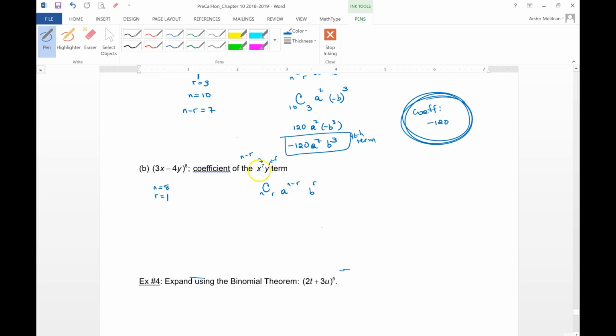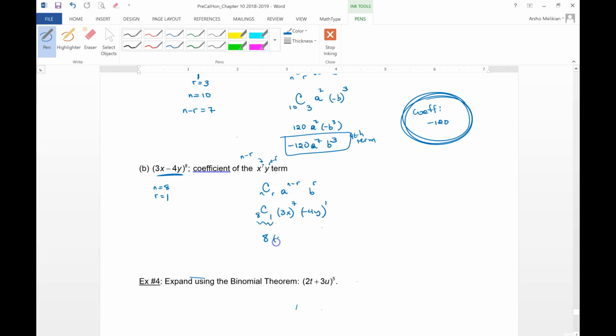Now you forget this, all right? You go with what you have in your original binomial. So this is going to be C 8, 1. The first term, 3x, to the power of n minus r. And then the second term, negative 4y, to the power of r, which is 1. I put this in my calculator, and that gives me an 8.